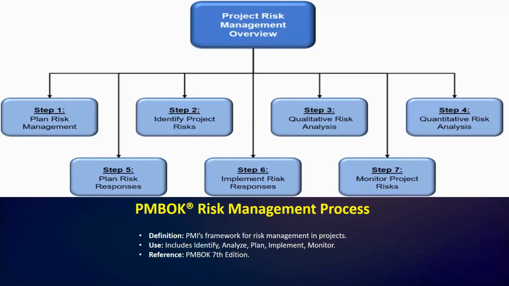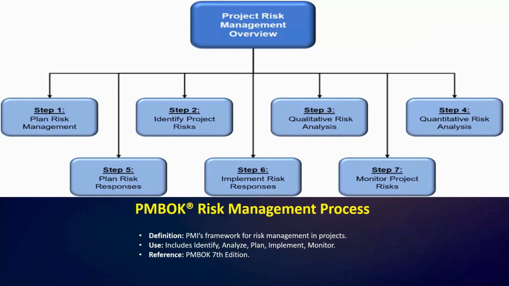After that, we have the PMBOK risk management process. Here I have added the example from PMI. You can see the PMBOK risk management overview, step one, step two, step three, step four. You can read here, then step five, six, seven as well. So we have the PMBOK guide from the Project Management Institute, I mean PMI.